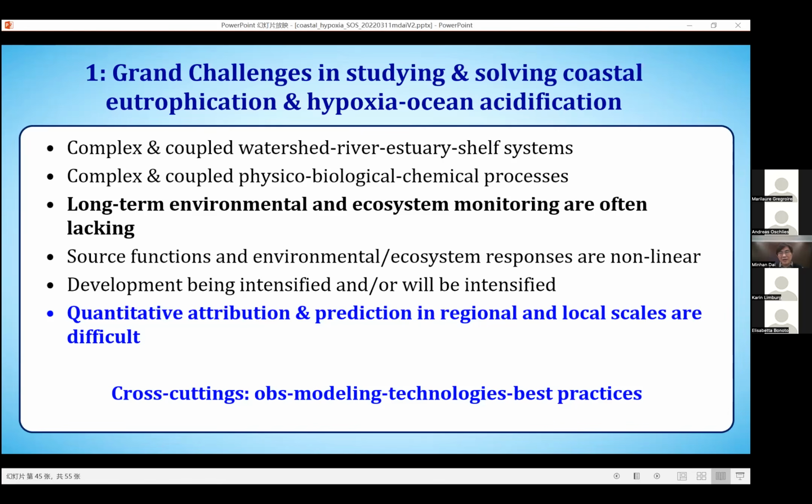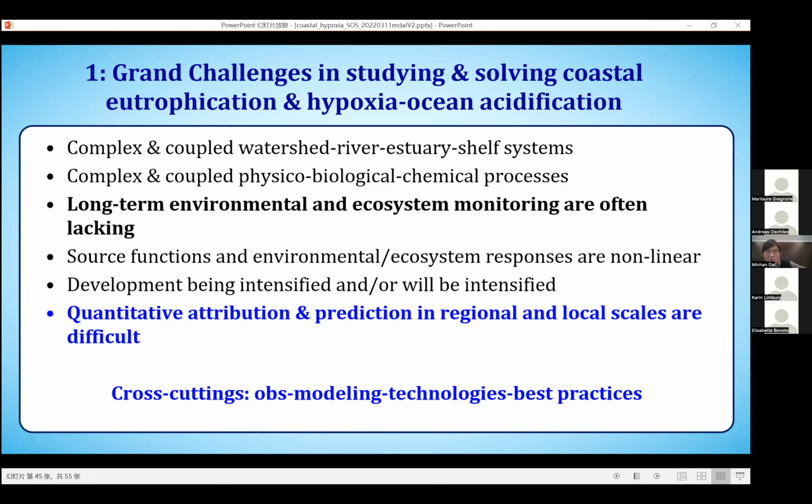But the fact we have to face is that long-term monitoring is often lacking. And the scientific challenge, as I mentioned, is that the source function and environmental ecosystem response are non-linear. At the same time, you will see growing development being intensified in underdeveloped countries.